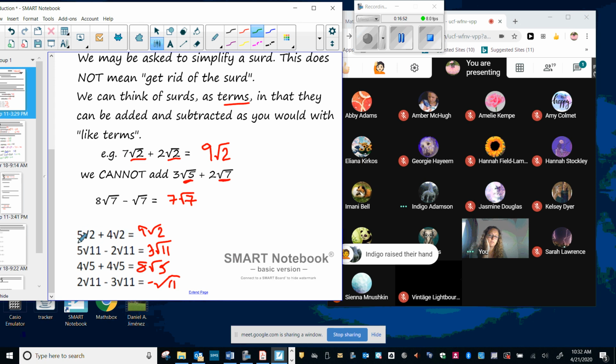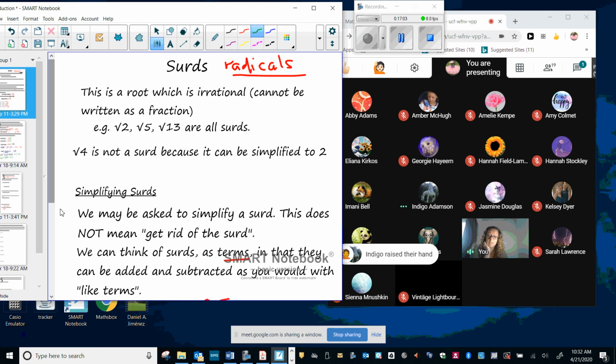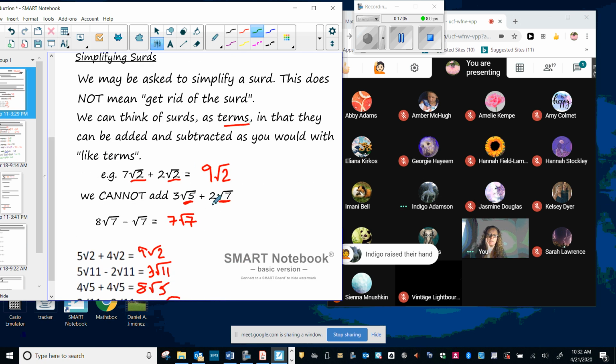So these were both root 2, so we could add them together. There's just 9 of them. They're like algebraic terms. But what if they're different numbers? Then you couldn't. So that's why we said this one, you couldn't add them together. So that would just be as it is. You couldn't do anything with this because this is a root 5 and this is a root 7. Okay.